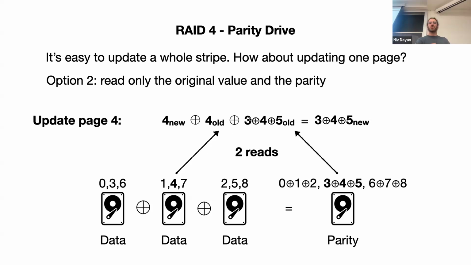Taking this old 4 and XORing it with the old parity negates the original influence of XORing 4 into the parity. Now once we've negated that, we can XOR in the new value of 4, and then write that back to the parity drive.